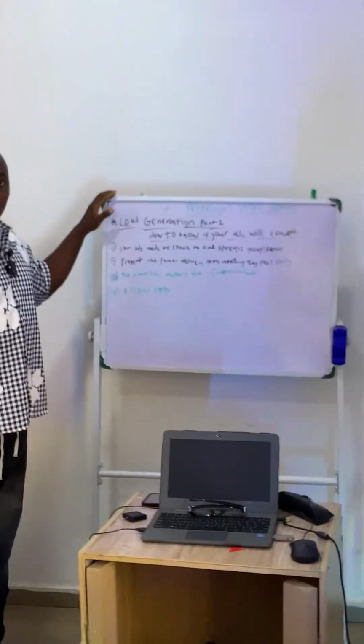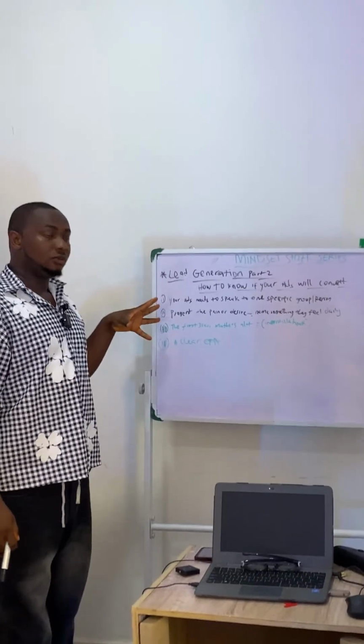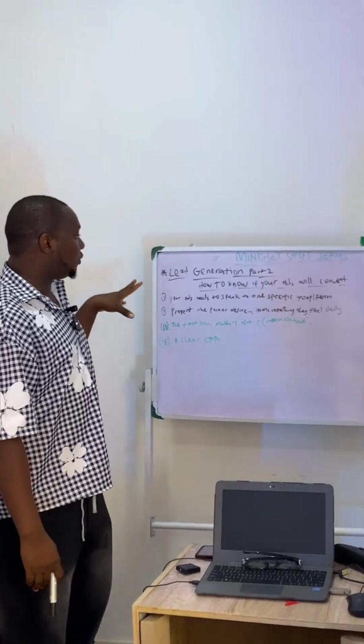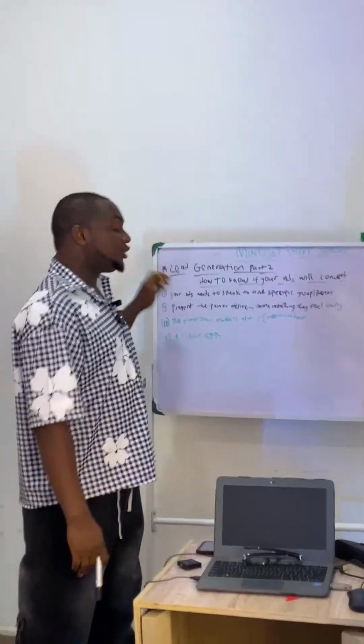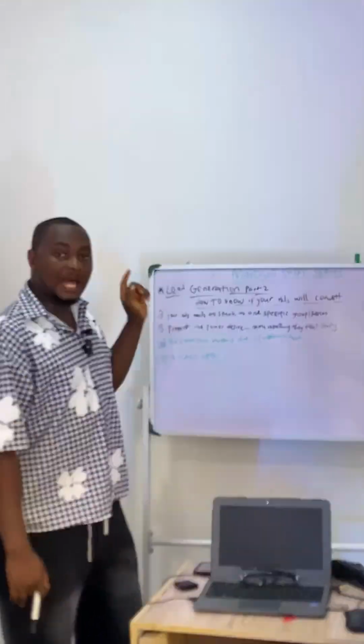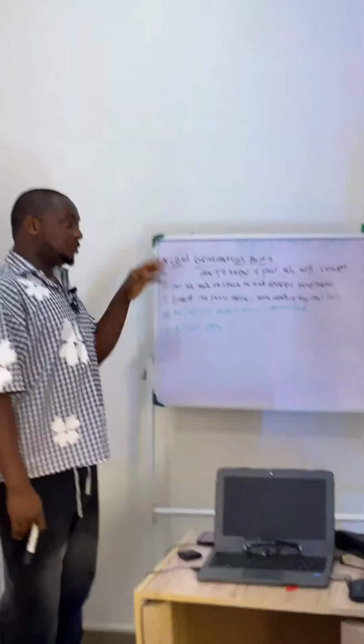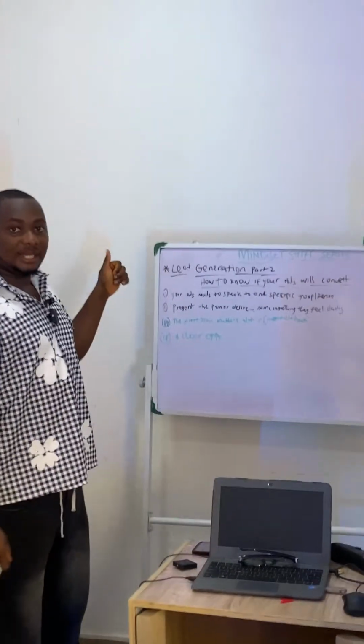Before we go, we're going to dive a little bit more into what things you need to know before you start running ads. So let's recap on our last week class.